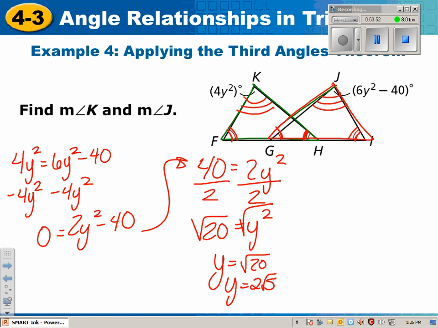Okay, Lily, so the square and the square root cancel out. So what do I have? 4 times 20, which is 80 degrees. Okay, what if I simplified it and then plugged it in? So 4 times 2 square roots of 5 squared. Say it again.